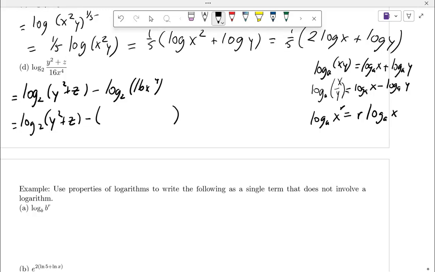What can you do with that part? Good. Okay. Notice I put parentheses around that sum because, again, that minus sign applies to the whole log. So it's going to apply to the whole thing that we rewrite it as. Okay?